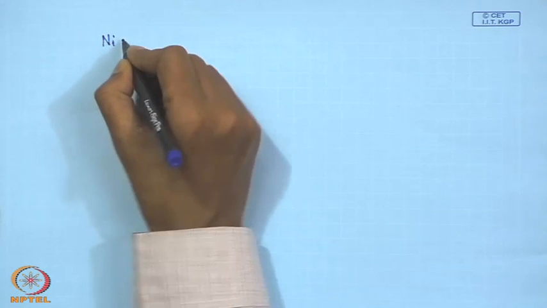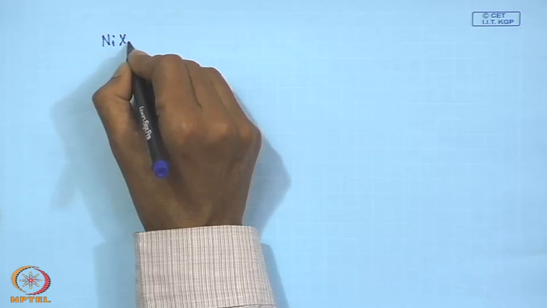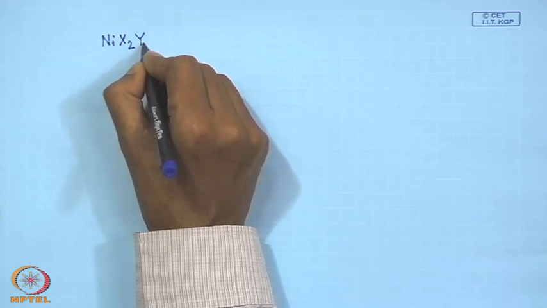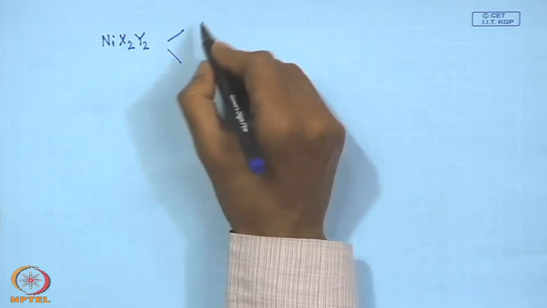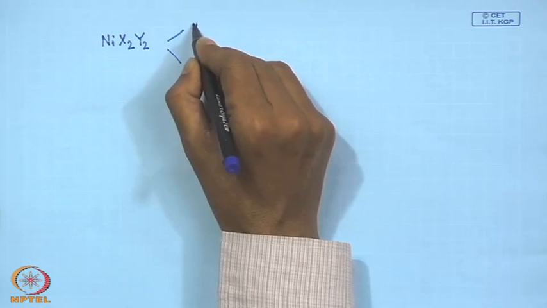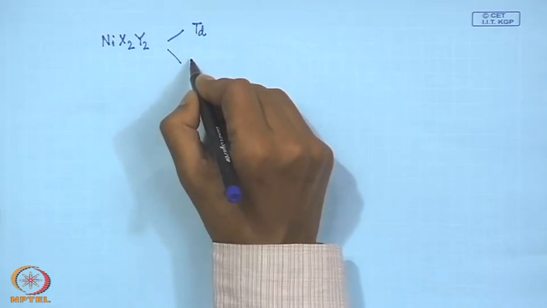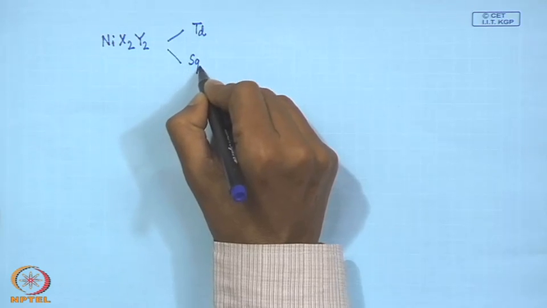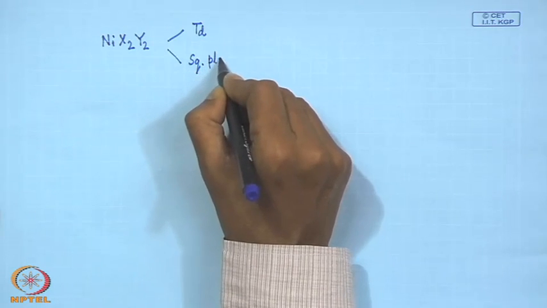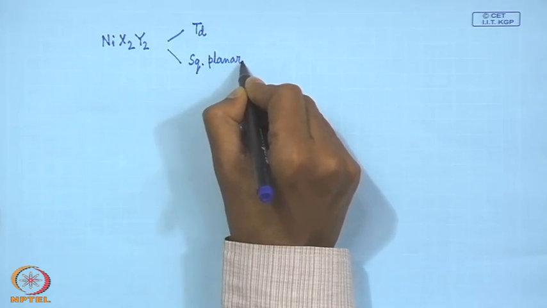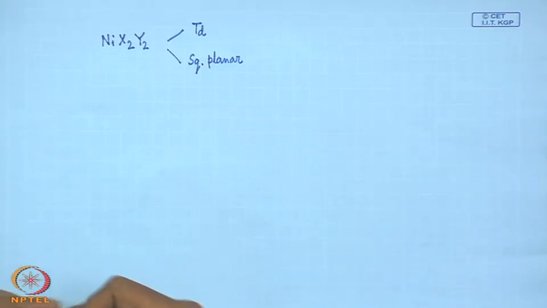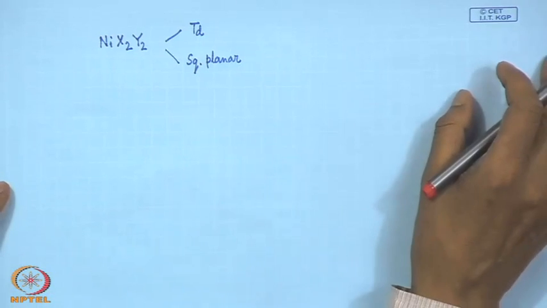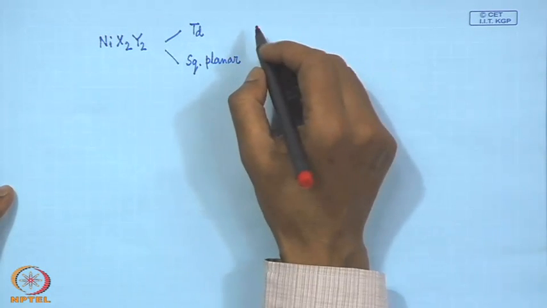So, if we have some arrangement of NiX2Y2, we can have a tetrahedral geometry or we can have a square planar geometry. This tetrahedral and square planar geometry we can have when we study in detail the corresponding electronic configurations.